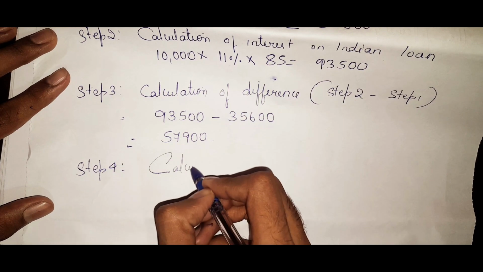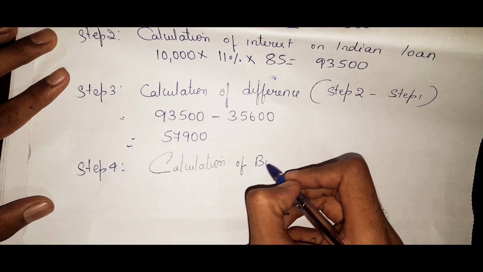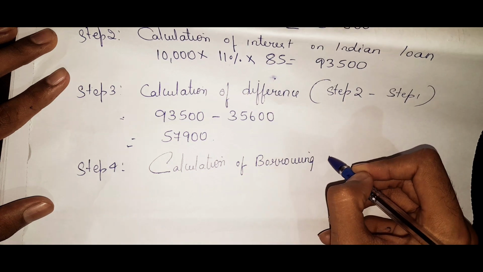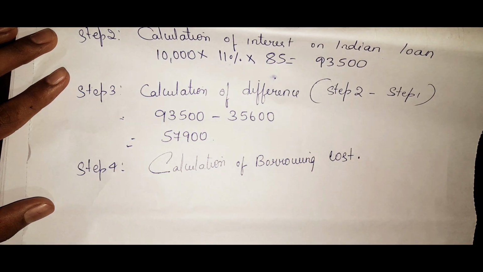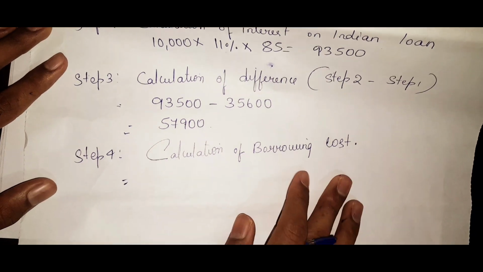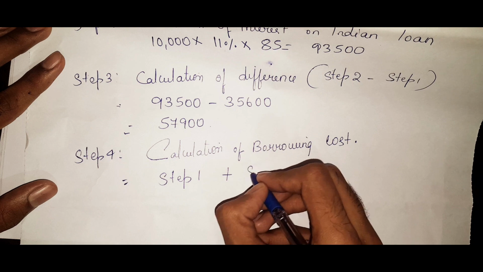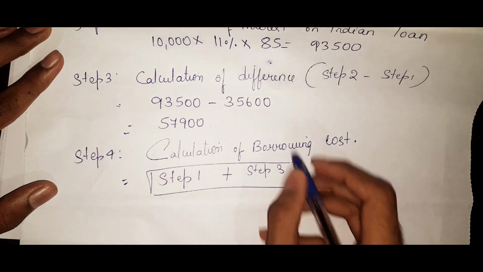Next we need to calculate step 4. What is that step 4? Calculation of borrowing cost. So the answer is step 1, foreign loan plus step 3, that is difference.